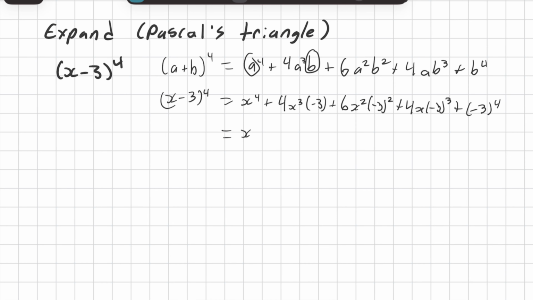So that's just going to be x to the 4 plus, oh, shouldn't have done the plus actually. It's going to be a negative because of positive times a negative. So 4 times negative 3 is negative 12 times x cubed.